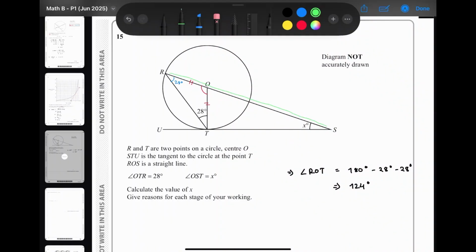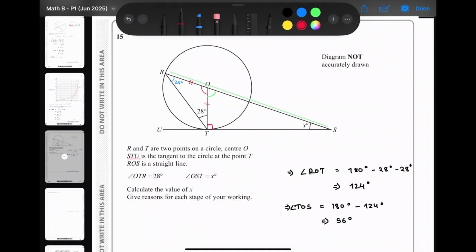Now since straight lines have 180 degrees, we can subtract ROT and get TOS. Here we get angle TOS as 56 degrees. Now for the final blow. We can see the tangent forms a 90-degree right angle at OTS.